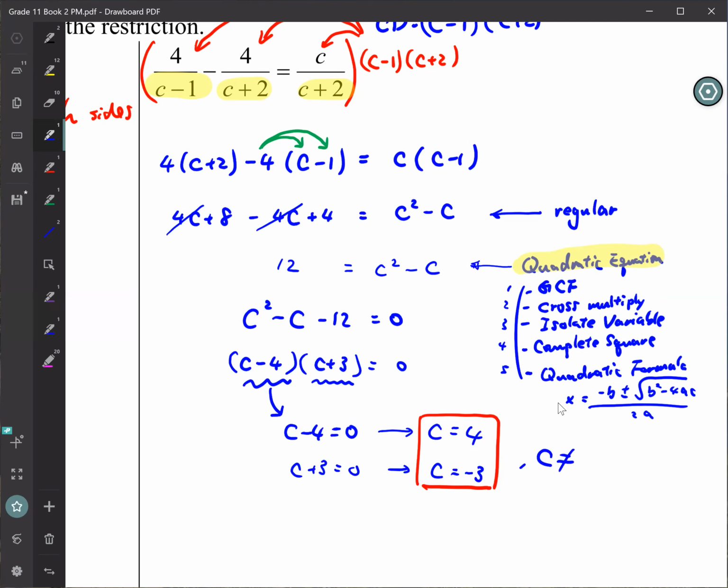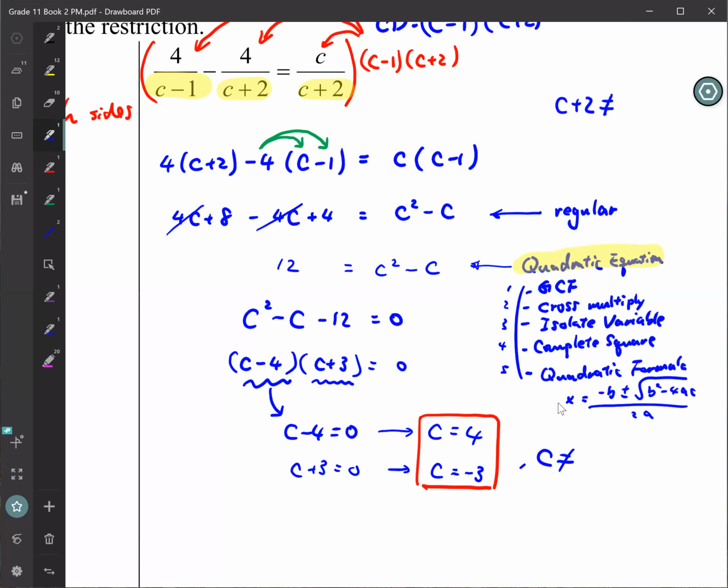Oh wait, let me first do it really quick. Should it be C plus 2? C plus 2 is the denominator, right? You take the C plus 2 and then make it not equal to what? The denominator is C plus 2, right?